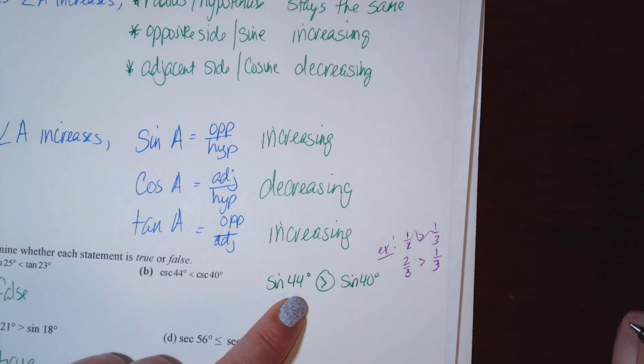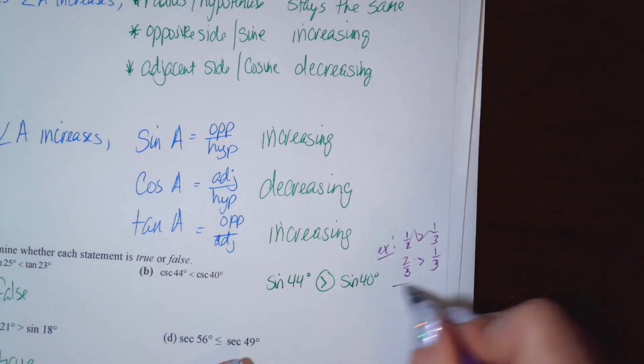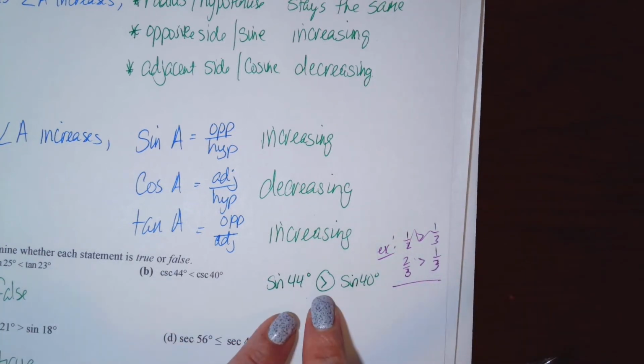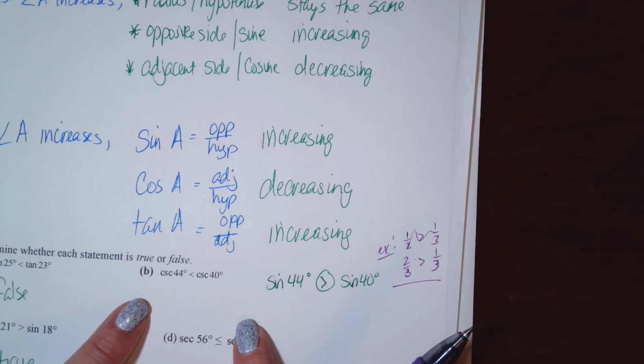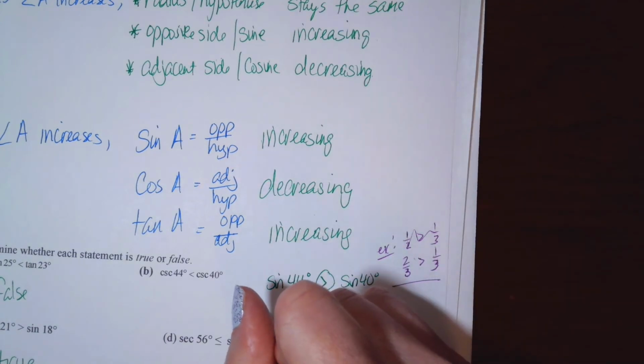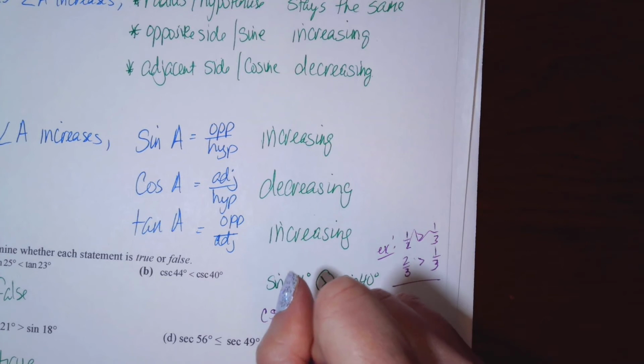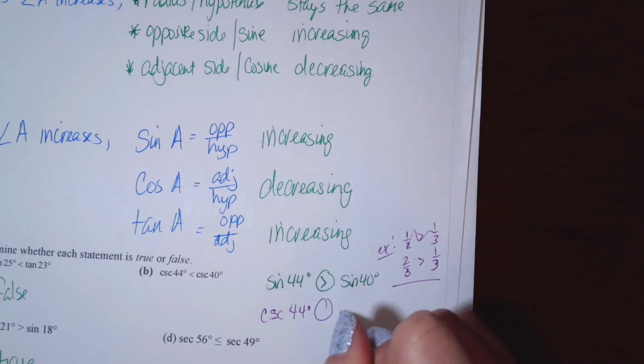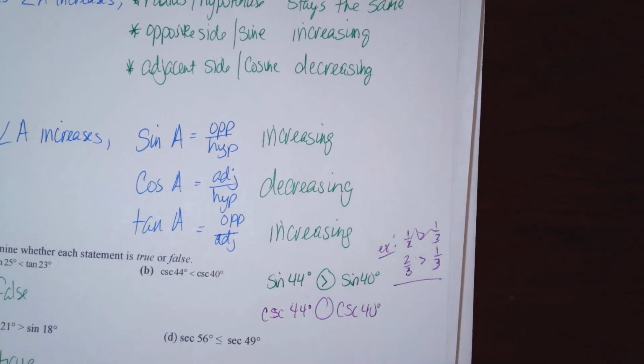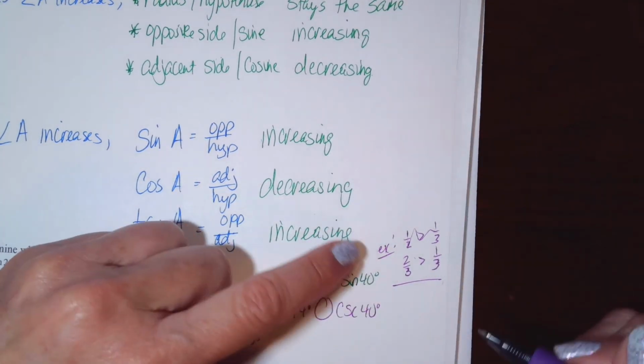That one's really clear. Well, if I flip those upside down, because that's what I'm going to do here, going from sine to cosecant, what about cosecant now? How is the cosecant of a 44-degree angle going to compare to the cosecant of a 40-degree angle? Well, let's take the reciprocal.